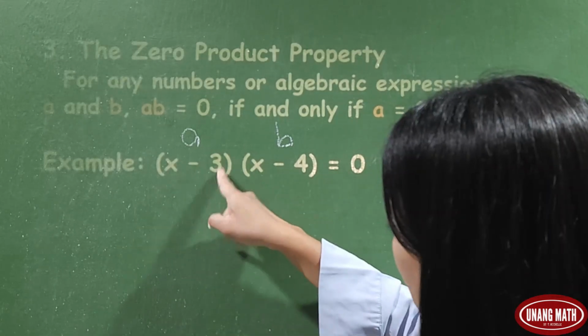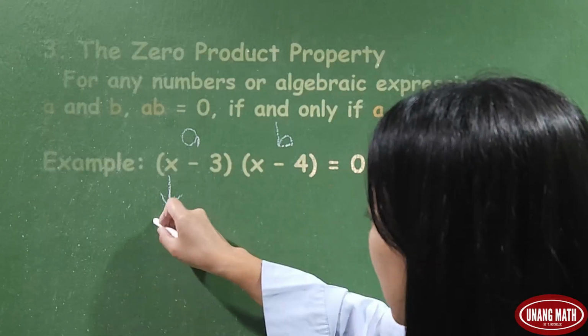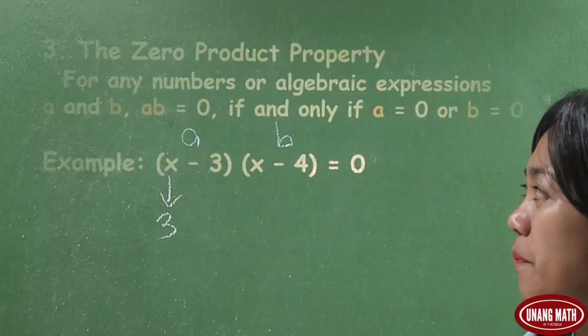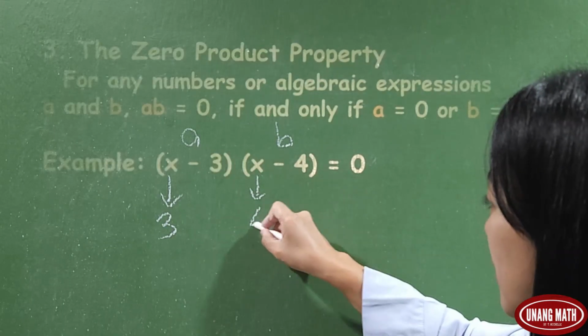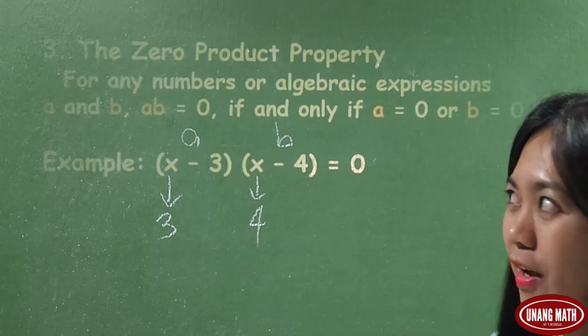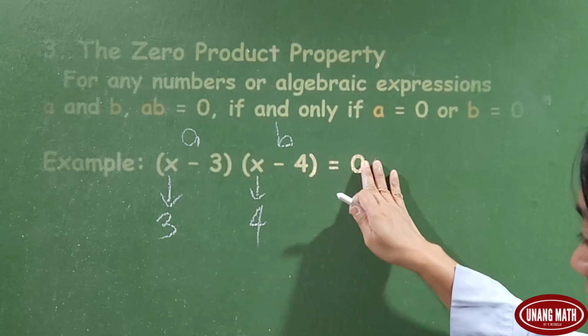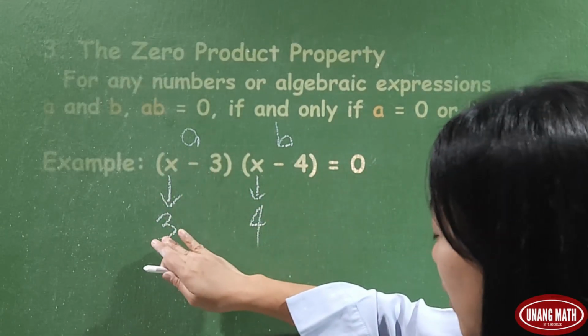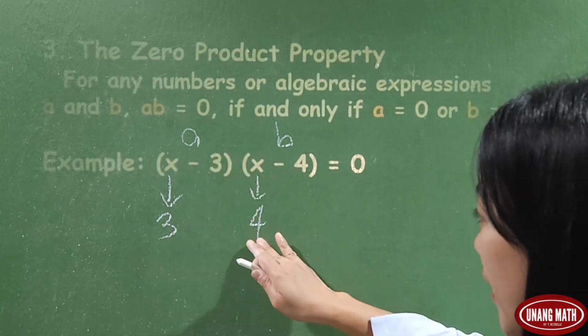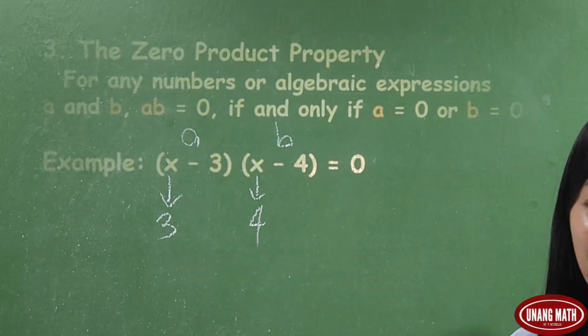If this expression is 0, then the value of x here must be 3. If this expression is 0, then x here is 4. So in this equation, x is 3 or x is 4.